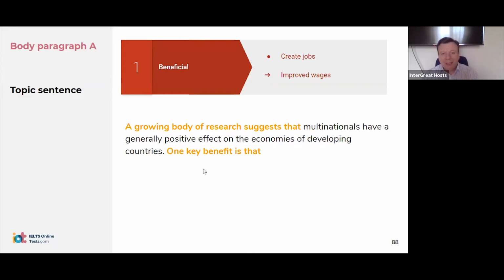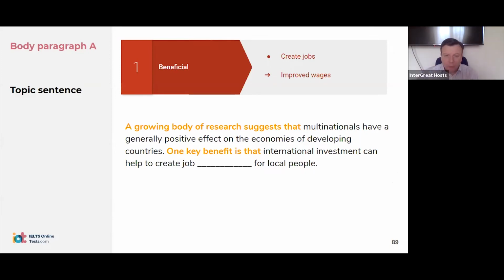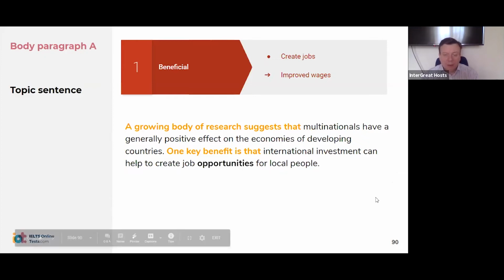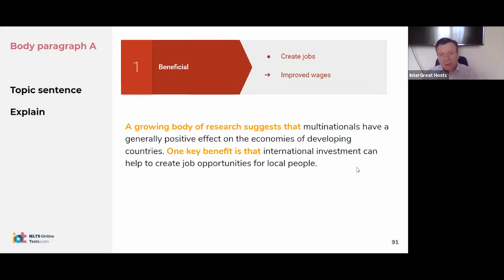One key benefit is that international investment can help to create jobs. So what are we going to put in the gap there? Yeah, good. Naomi, good. Godfrey, Fatima, Nin, good. Okay, so opportunities. Now we need to explain.